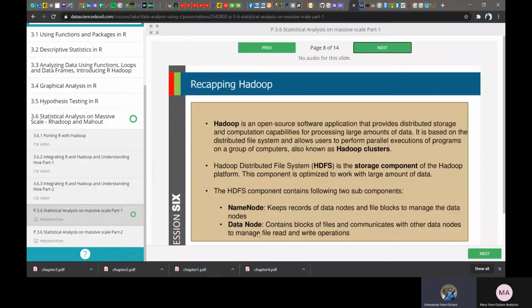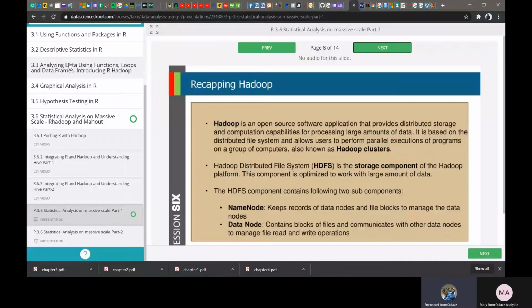It keeps records of data nodes and file blocks to manage the data nodes. The data node contains the blocks of files and communicates with other data nodes to manage file read and write operations. They contain blocks of files, usually 128 MB. You can be asked such questions in your examination.